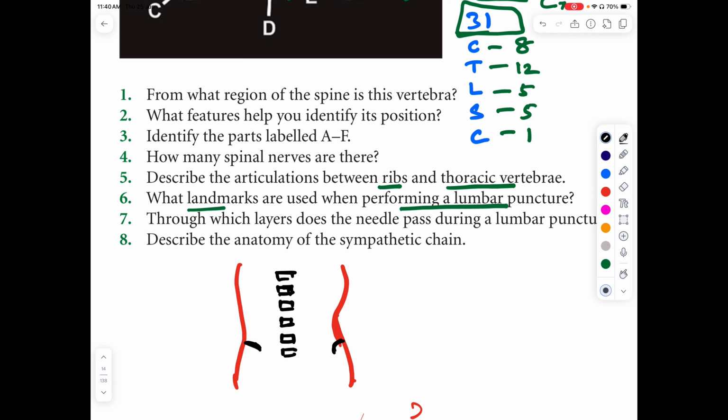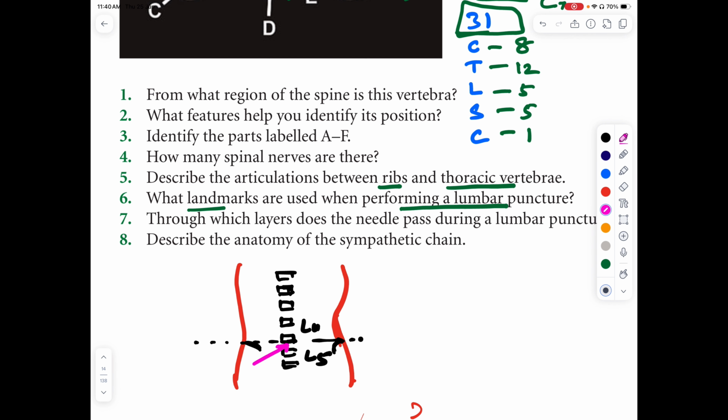This is the landmark, the iliac crest. The supracrestal plane is the plane, and you put the needle. It should be inserted between L4 and L5. This is the landmark.